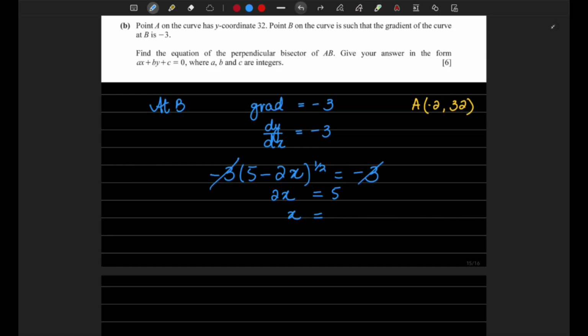Sorry, not 0. So it will give you x equals 2.